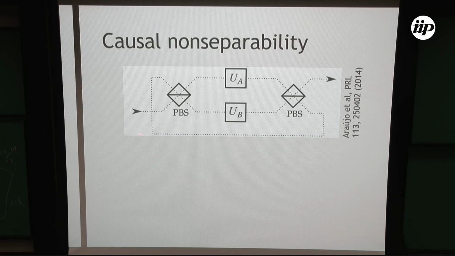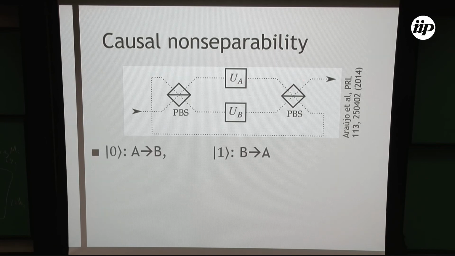But if we take this example here, it's a simple looking optical experiment with a PBS, a polarizing beam splitter. If we follow these arrows around correctly, we see that a horizontal polarization goes first through this unitary A and then through B, and a vertical polarization goes first through B, then through A.